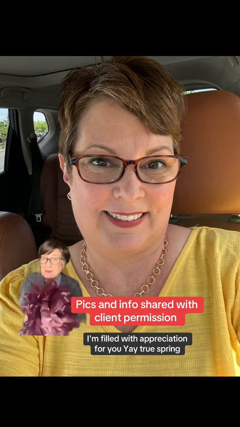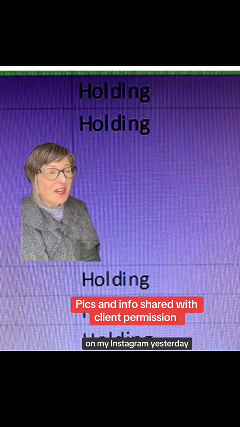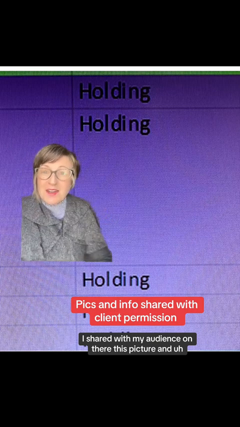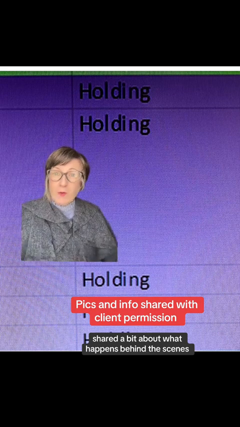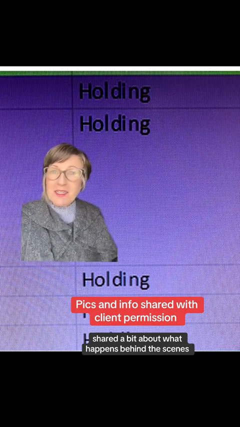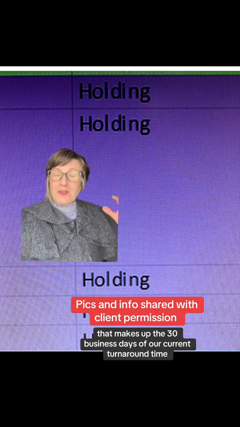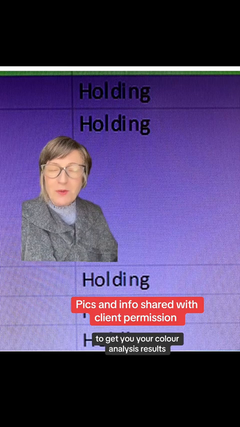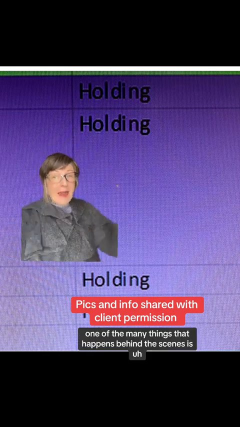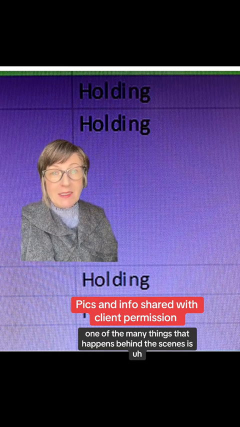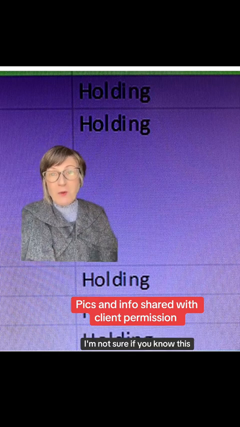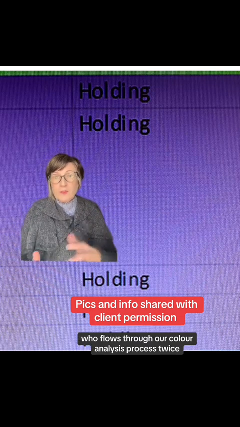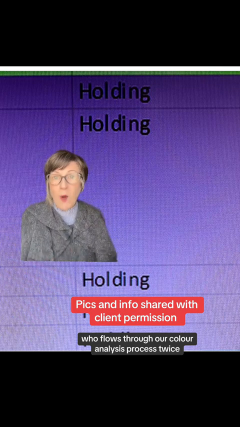Yay, True Spring! On my Instagram yesterday, I shared with my audience this picture and a bit about what happens behind the scenes that makes up the 30 business days of our current turnaround time to get you your color analysis results. One of the many things that happens behind the scenes is, I'm not sure if you know this, but I color analyze everybody who flows through our color analysis process twice.